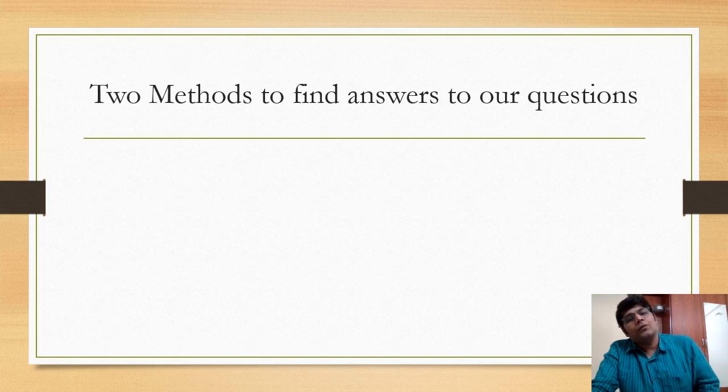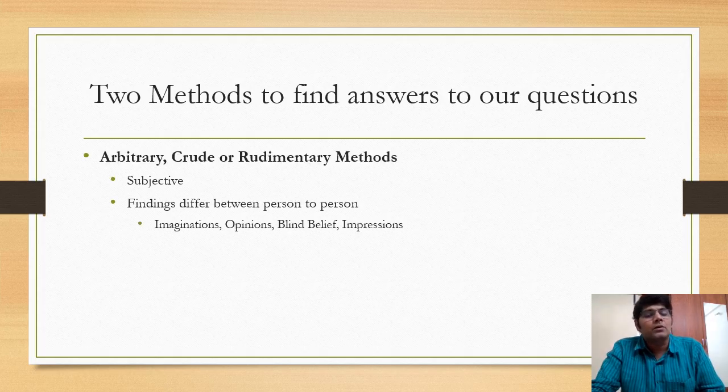Whenever we are trying to find answers to our questions, there are two methods by means of which you can do that. Number one is an arbitrary method, which is often subjective in nature and it differs from person to person because it can include their imaginations, their opinions, their blind belief, and their impressions. Because of this, the arbitrary method is sometimes even referred as crude or a rudimentary method.